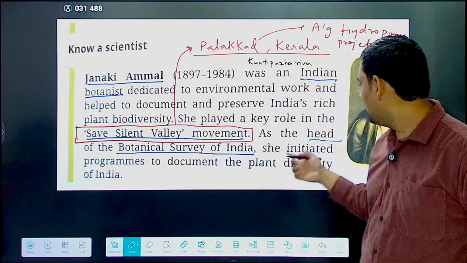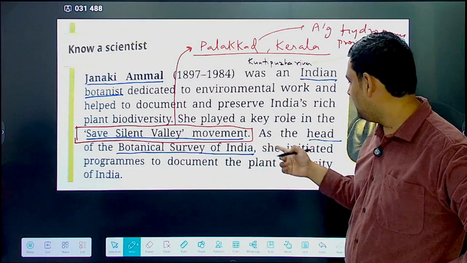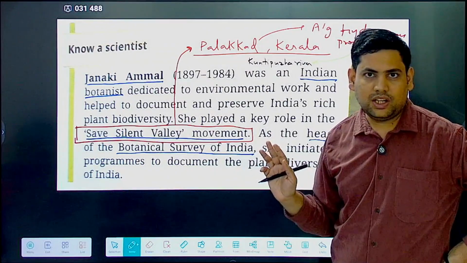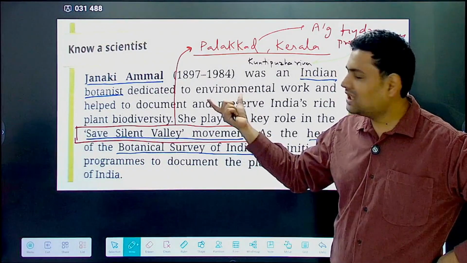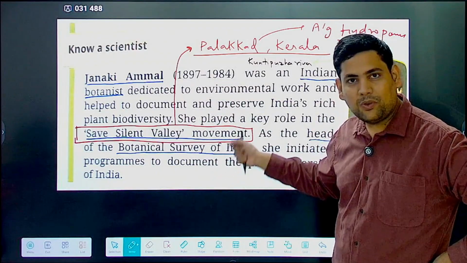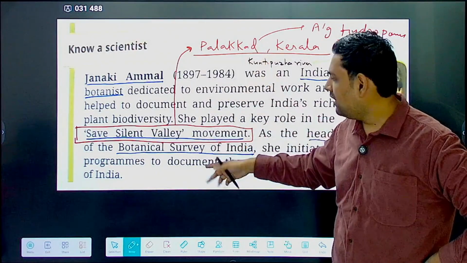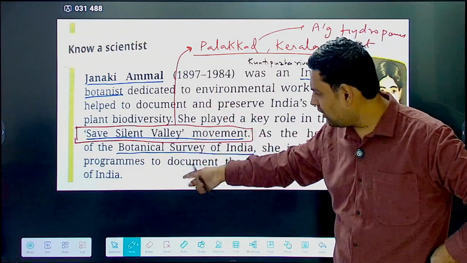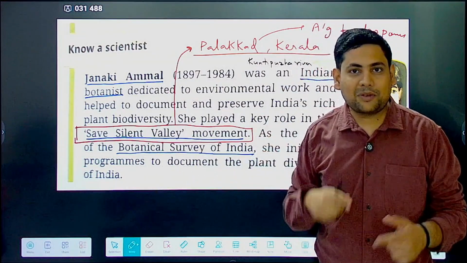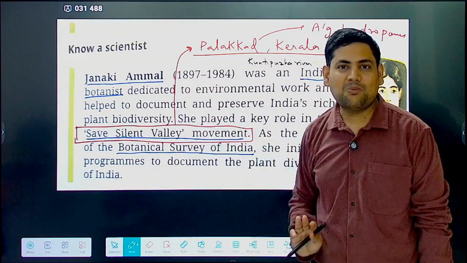Then as the head of the Botanical Survey of India, she initiated programs to document plant diversity of India. So what you have to remember: Janki Ammal is related to the Save Silent Valley movement, and she was head of the Botanical Survey of India. From this you can understand she was a botanist.